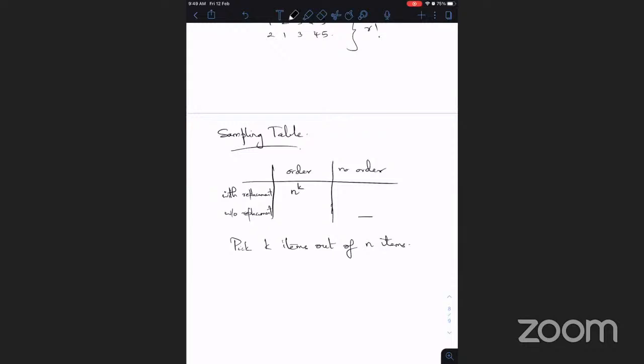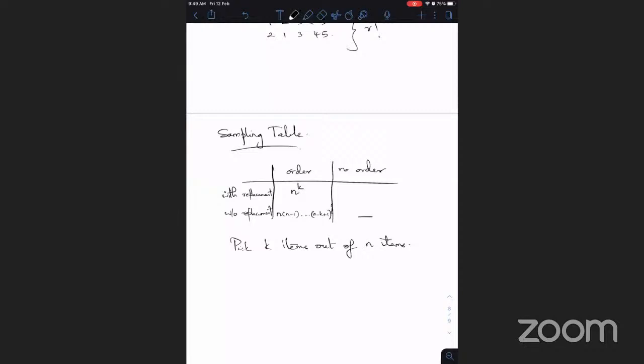Okay, so it would be like this. It looks like n factorial, but it's not. n choose k does not consider the order. That's how we defined it. Yeah, exactly. That's n factorial by n minus k factorial.